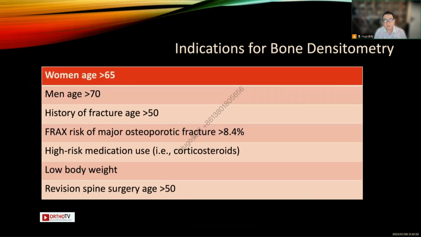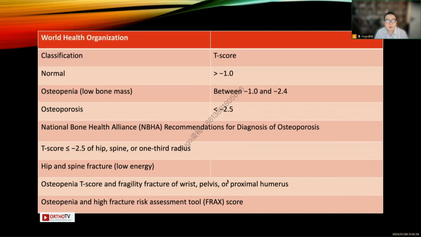So first of all, for aging people, we have to pay attention to screening for osteoporosis. The indications for bone densitometry include aging people, women and men, low body weight, revision surgery, and history of fracture.